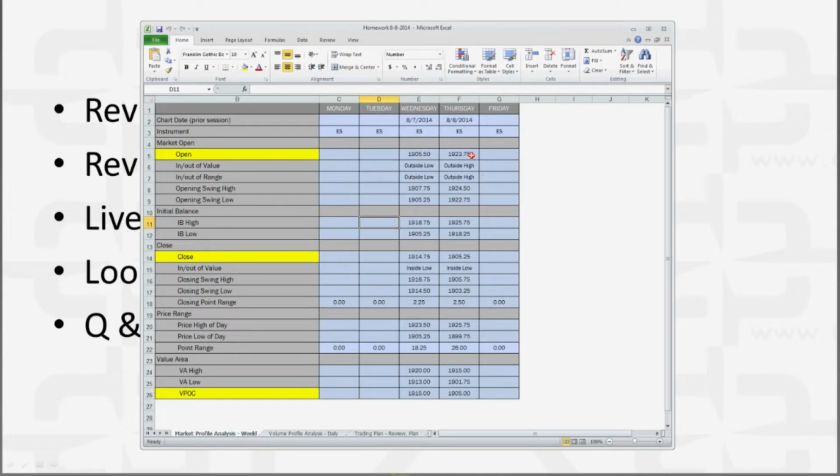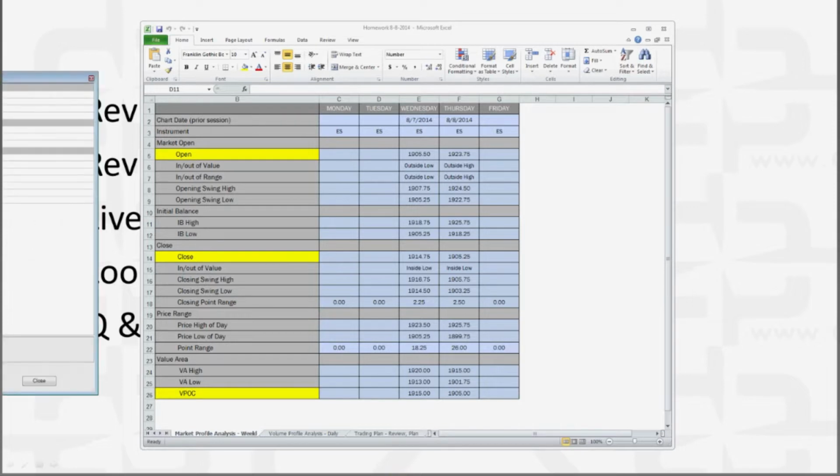Our open at 23.75, much higher than the previous day. So the previous day's open was 1905.50, and this opened about 22 points higher.